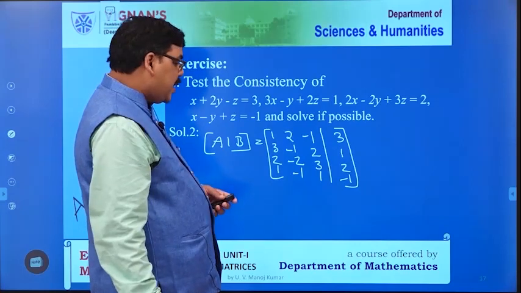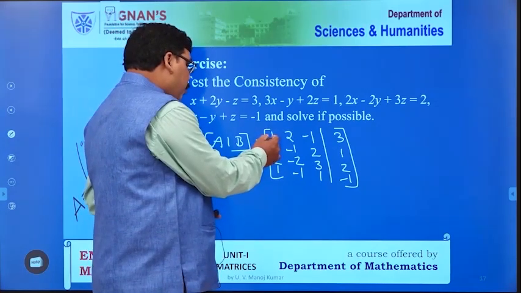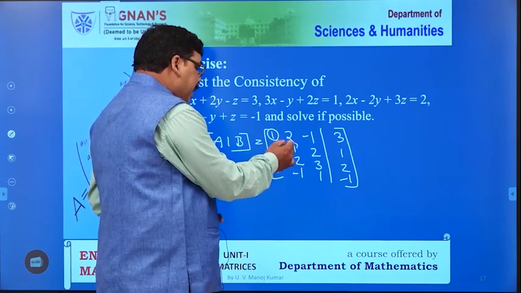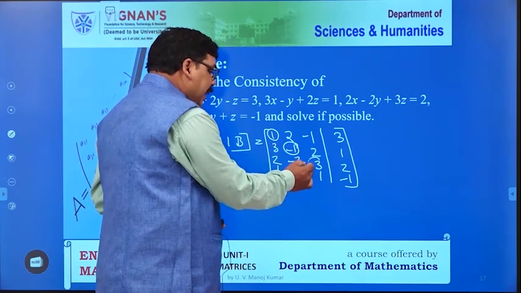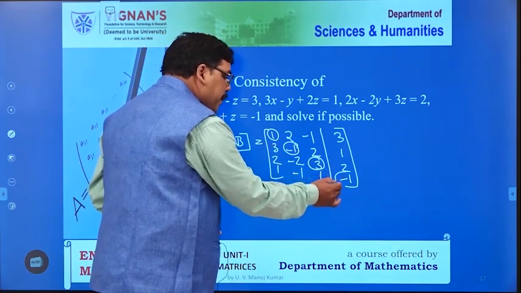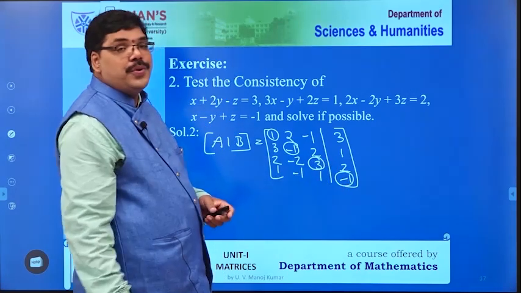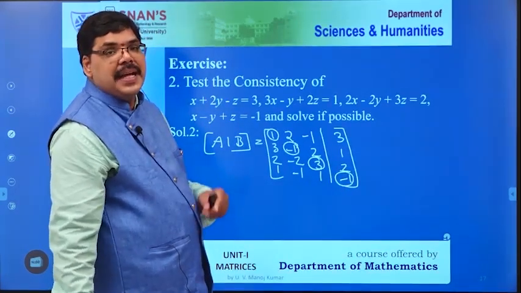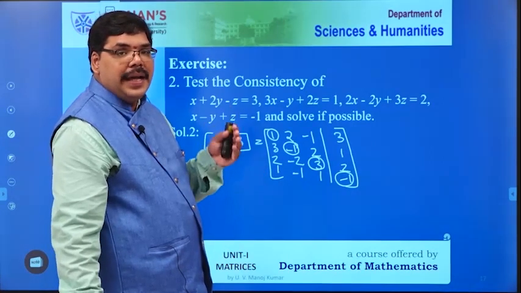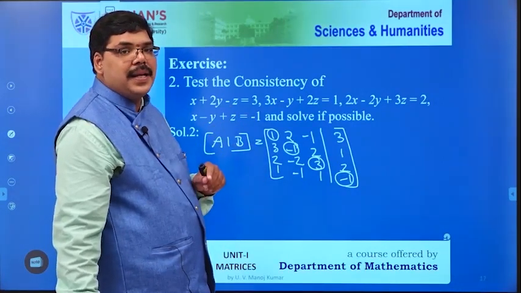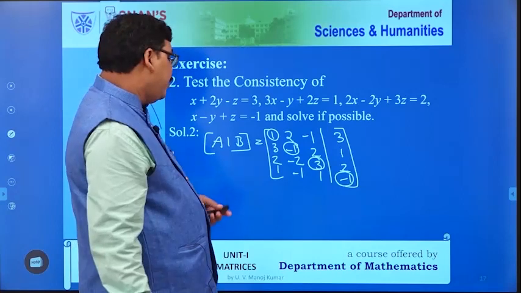What are the principal diagonal elements here? 1, minus 1, 3, minus 1. So we want to use those principal diagonal elements and reduce the elements below principal diagonal into zeros.